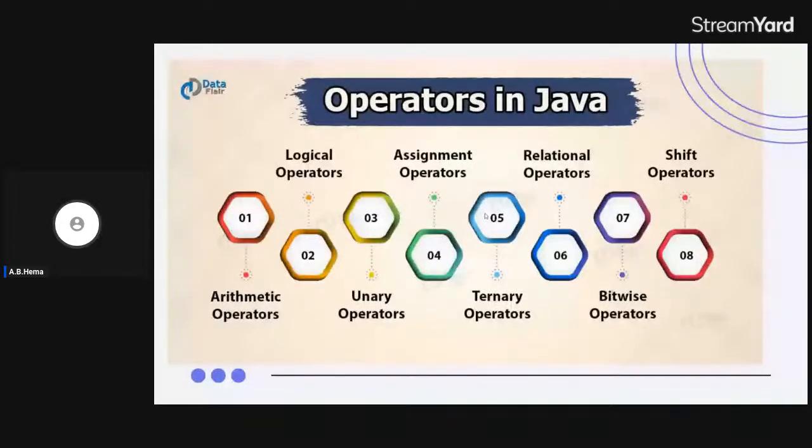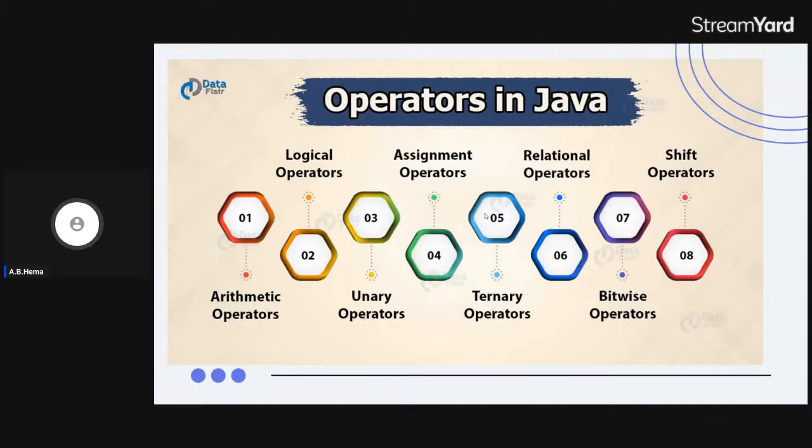Next, we have relational operators. As we all know, relational operators check the relation between the operands, and in Java, this outputs a Boolean value, not 0 or 1, unlike other programming languages.